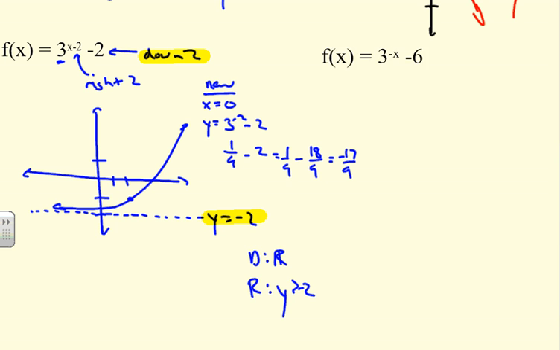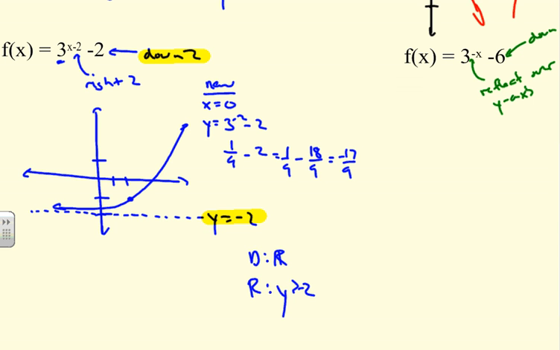All right. Our final example here, and I'll make this one in green, is we once again have two different transformations, or translations. This one right here, we're reflecting over the y-axis, and we also are moving this down 6. Now, you can also think about this as a vertical reflection.